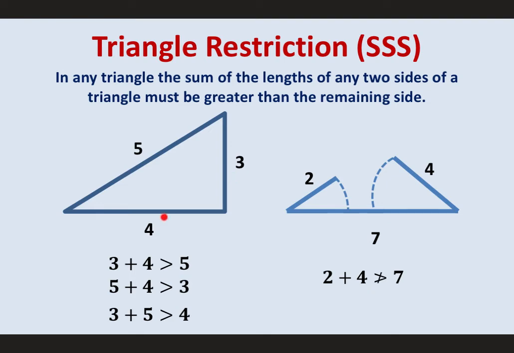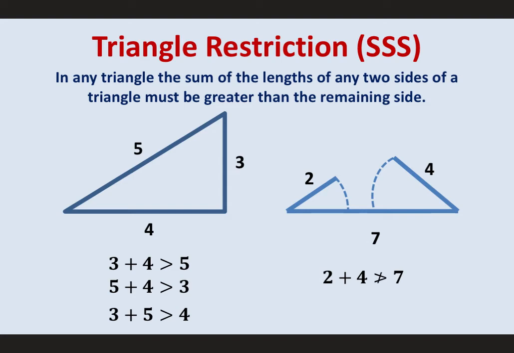So that means that 3 plus 4 has to be bigger than 5. 4 plus 5 has to be bigger than 3. 3 plus 5 has to be bigger than 4. Really, the main one you need to check is that the two smaller ones, when added, are bigger than the biggest. So 3 and 4 make 7, and 7 is bigger than 5, so this triangle is possible.